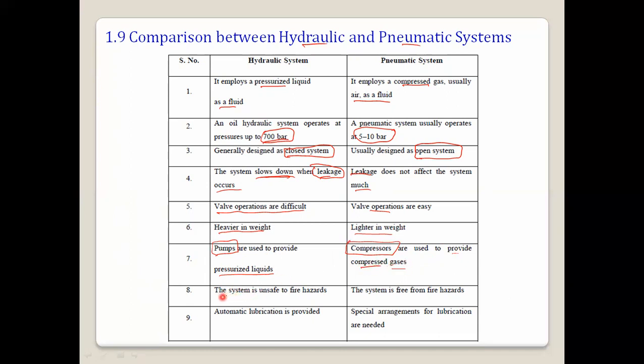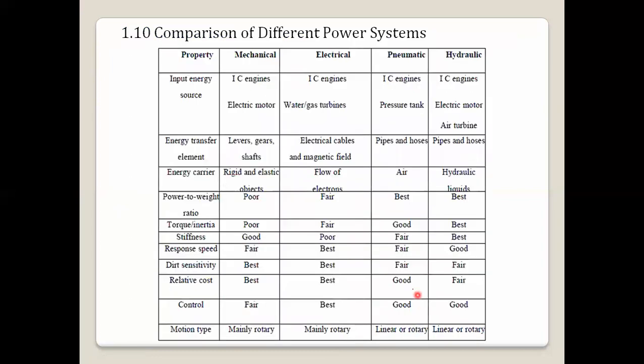The hydraulic system is unsafe with respect to fire hazards, and the pneumatic system is free from fire hazards, since we use oil, and if we overrun the machine there may sometimes be chances of fire. Automatic lubrication is provided in the hydraulic system, so there is no need for separate lubrication because we already use oil. But for pneumatic we need special arrangements for lubrication.